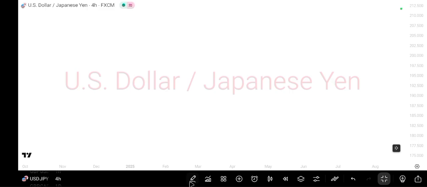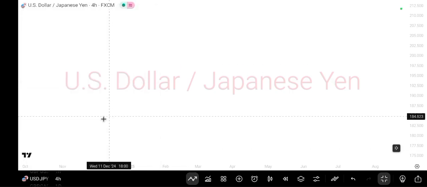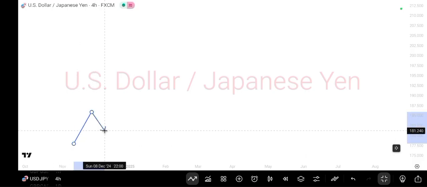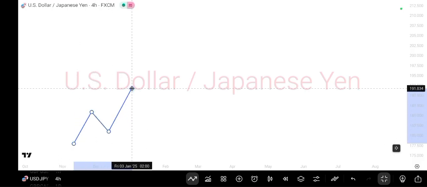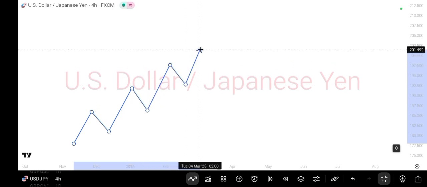So on trade execution, I'll be doing this clearly in an uptrend and downtrend. So this is higher high, higher low, higher high, higher low, higher high, higher low, higher high.